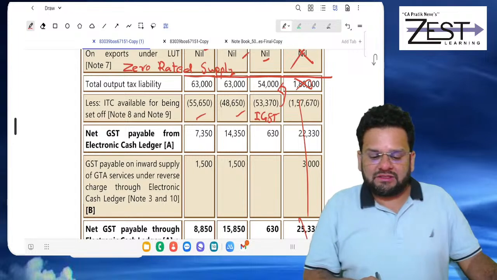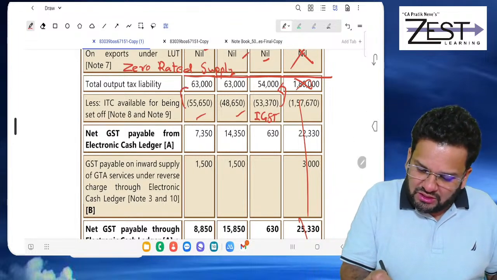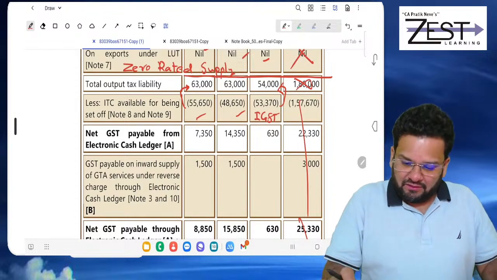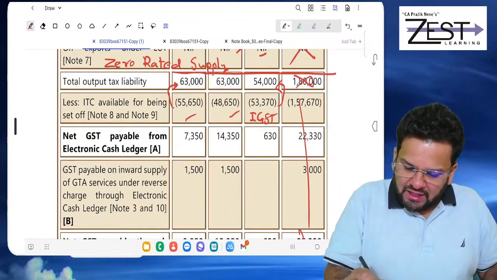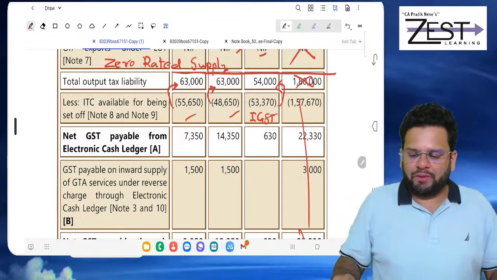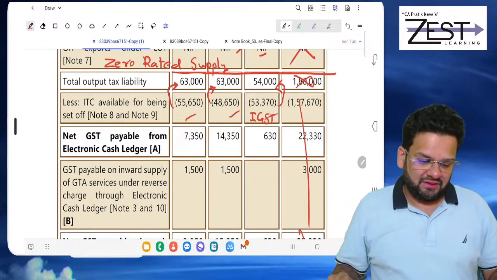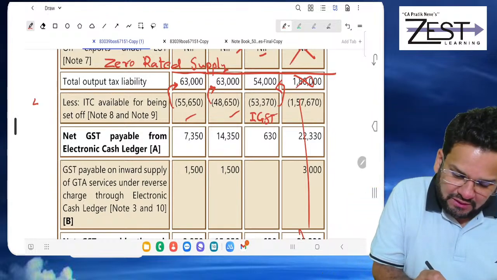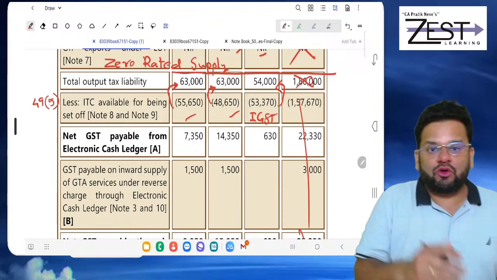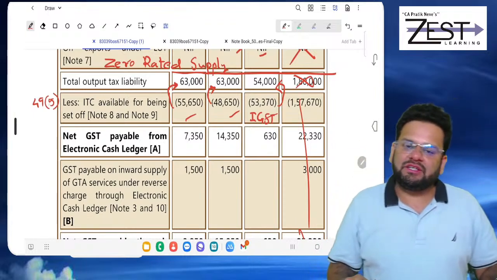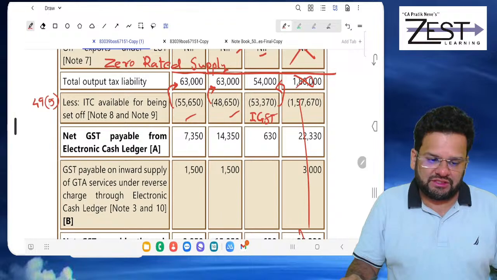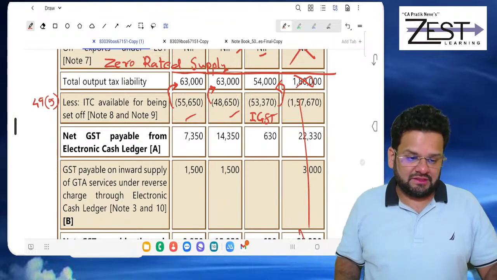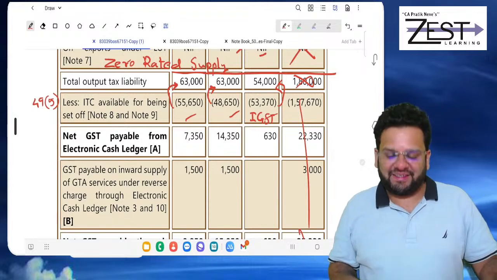Then you have utilized ITC of CGST to pay output tax of CGST. There is no balance in that. Then you have utilized ITC of SGST to pay output tax of SGST. There is no balance in that. So we have exactly done as per Section 49(5), 49A, 49B, read with Rule 88A of CGST Rules. We have exactly done that. Is it clear? We have abided by that.